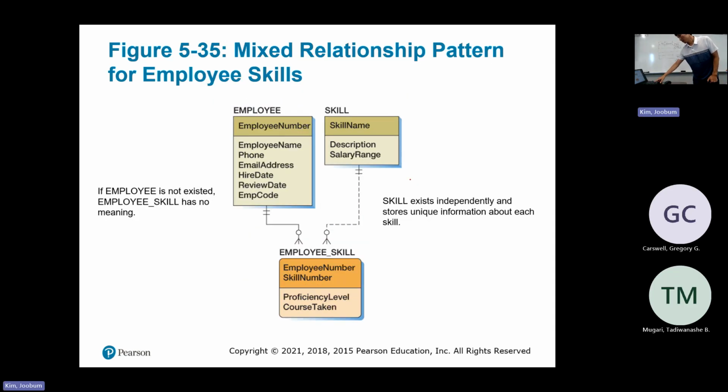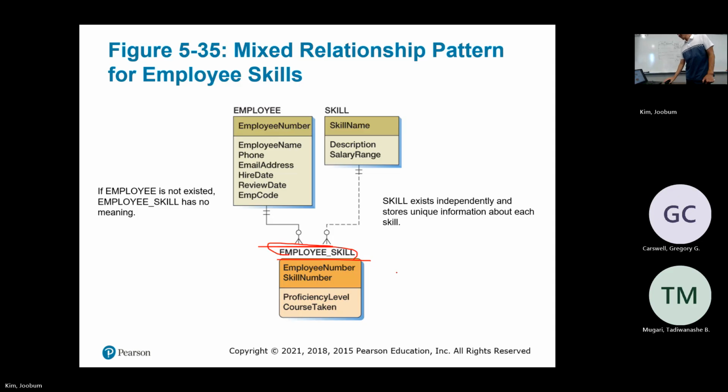The same example: employee, skill, and employee skill. If the employee does not exist, the employee skill has no meaning. For example, Caleb can do skydiving. Skydiving is your skill, just for example.